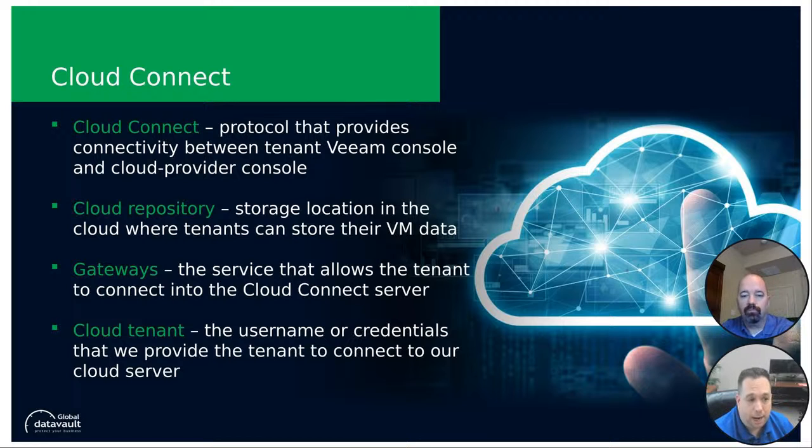So it's a transport path, and basically it sends data over TCP port 6180 to a cloud gateway on the Global Data Vault side. All of our Cloud Connect servers here have a gateway attached to them that is basically the entry point into the Cloud Connect server.